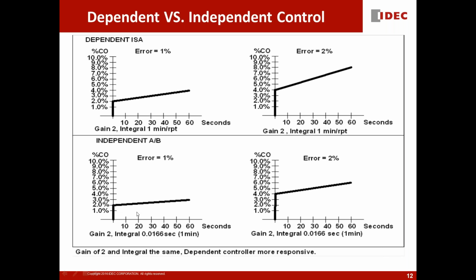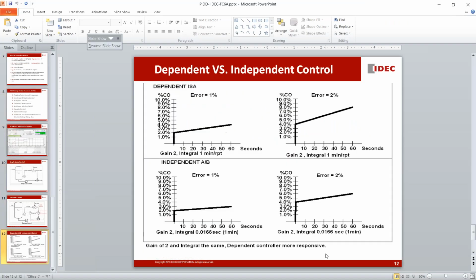This shows you time versus the PID output, or controller output. With independent, you get a lot more reaction versus dependent. Just keep that in mind. You can look at that later.